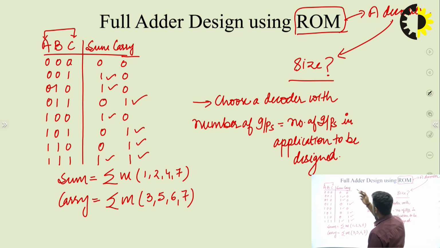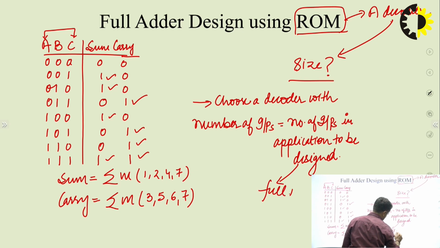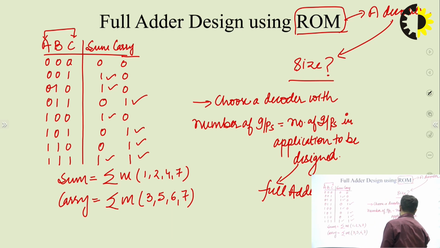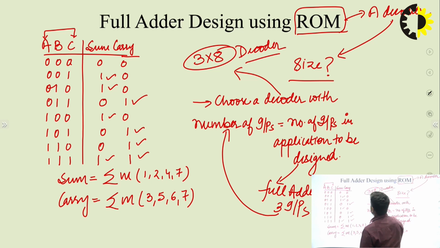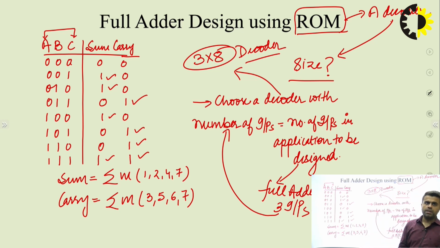So we are going to design a full adder. So the application to be designed here is a full adder. Okay. And a full adder has how many inputs? 3 inputs. So these 3 inputs must be the number of inputs in a decoder. So that means a decoder with 3 inputs. So a decoder with 3 inputs will be a 3 cross 8 decoder. So that's how we can select the size of a decoder to realize any application.